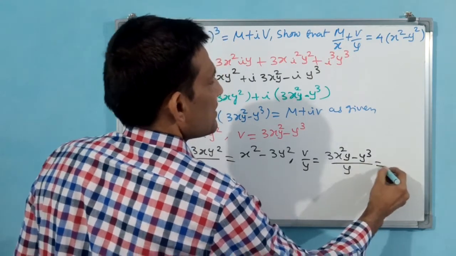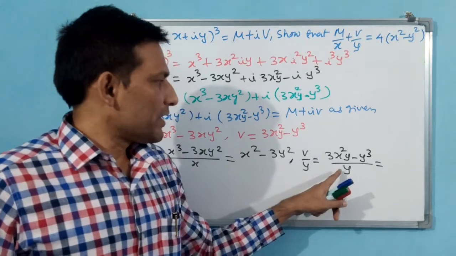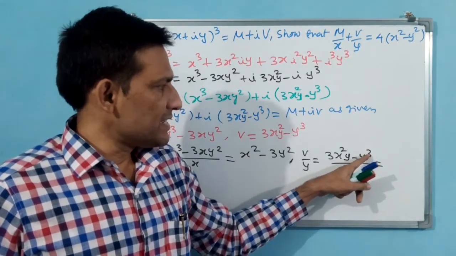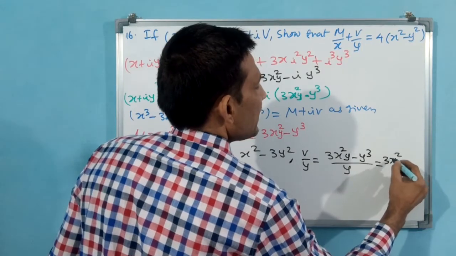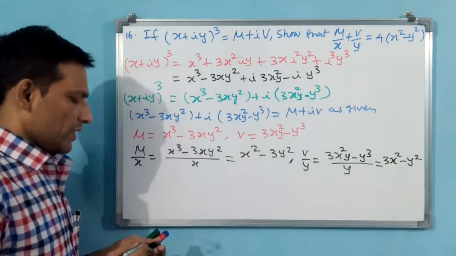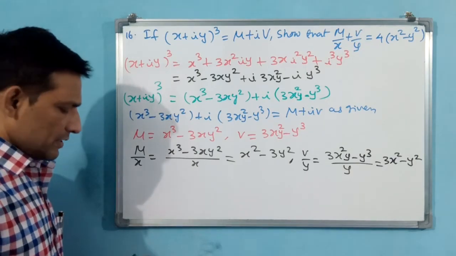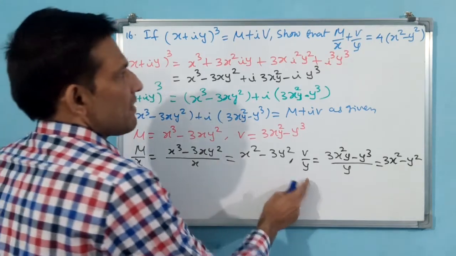divided by y. Okay, you see, now you are dividing by y, so here y is going to get cancelled, here y square is going to happen. Write down 3x square minus y square. Is it okay? Okay. Now finally what you have to write? u by x plus v by y you have to add.